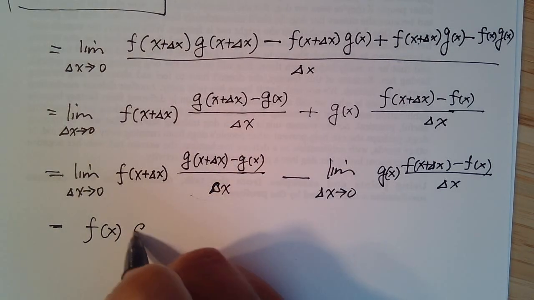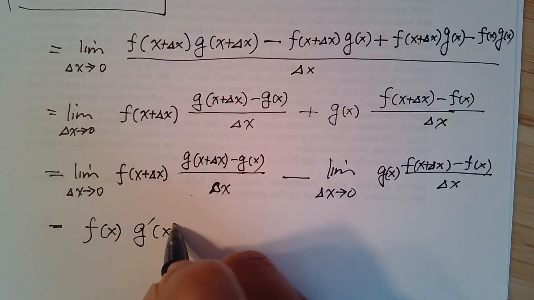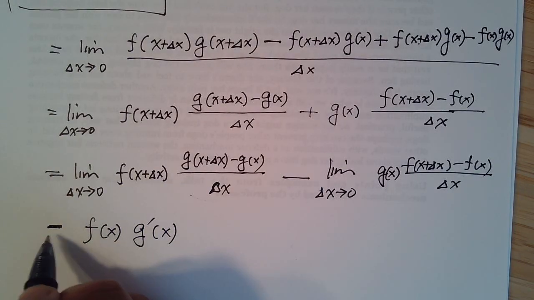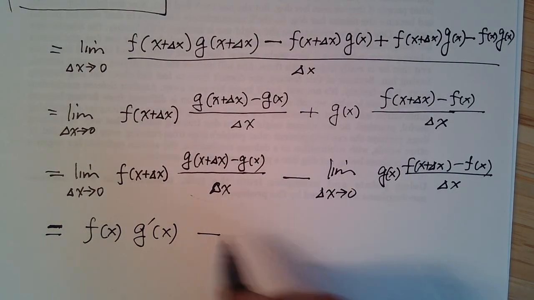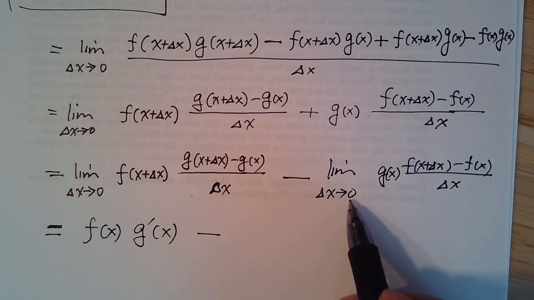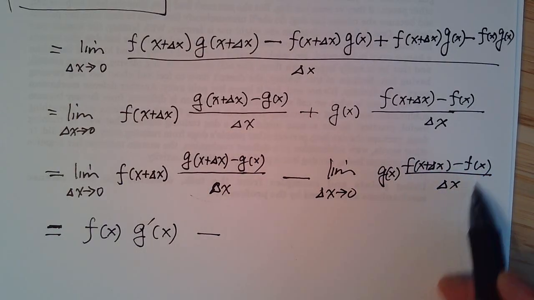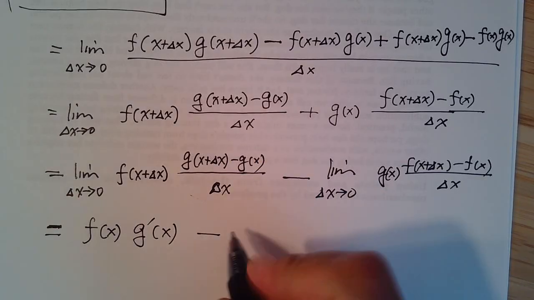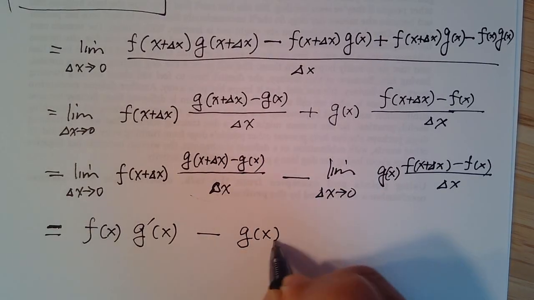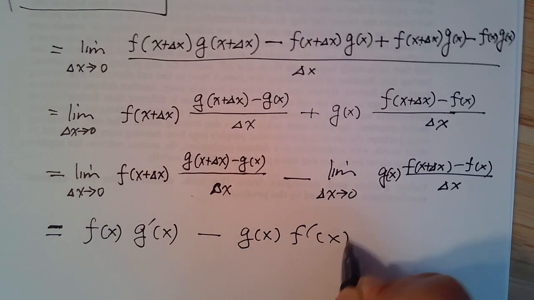And this is g prime of x. Okay? And then this term, as delta x approaches 0, is exactly f prime, so this is just g of x times f prime of x.